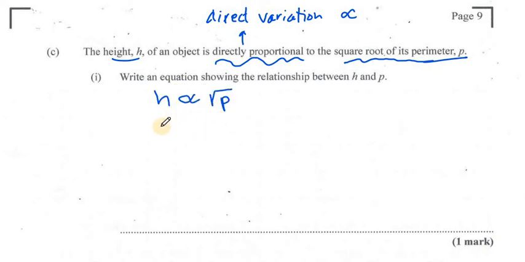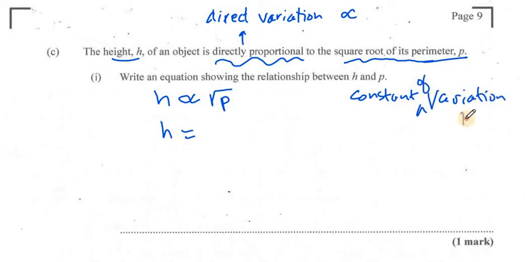So we simply put h is equal to, and we want a constant, a constant of variation, a constant of proportionality. The constant of variation, we typically use k. So I can say h is equal to k with the square root of p next to it. So we just change this little symbol to equal k, and this is the equation.